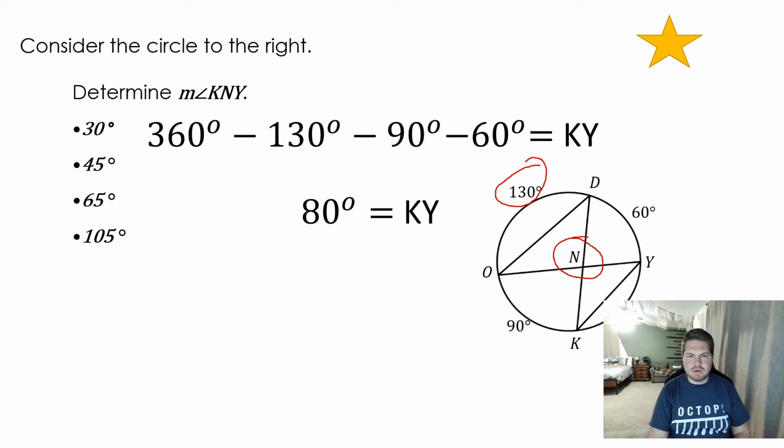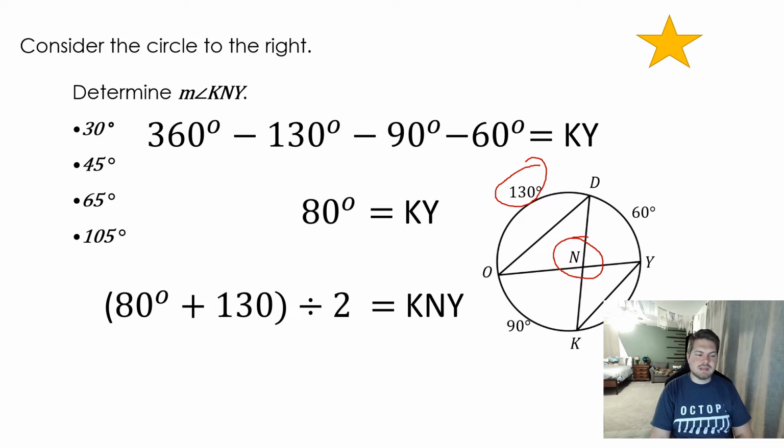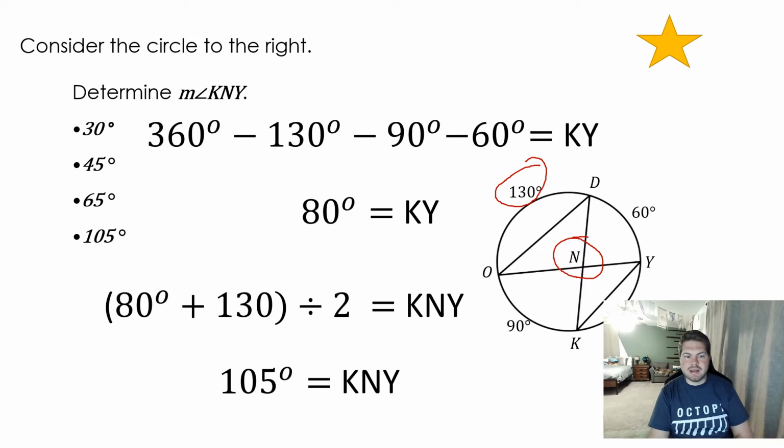So this is the new concept that we haven't fully addressed yet, but basically if we take the sum of 80 and 130 and divide it by 2, that should be exactly in the middle between the two where angle N resides. So we get the angle N is 105 degrees.